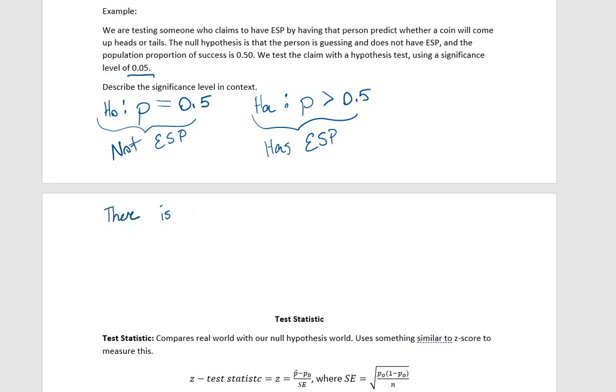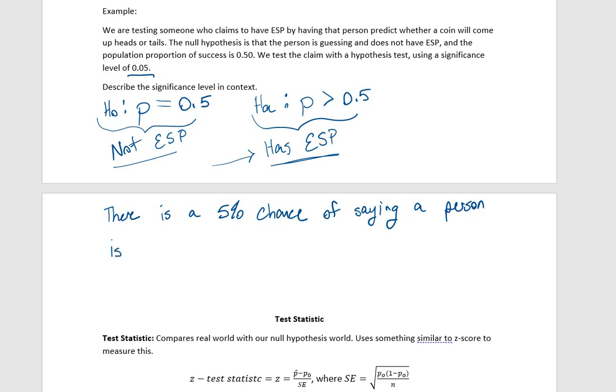There is a 5% chance of saying a person... Now remember, if we mistakenly reject the null hypothesis, that means that we're saying something about the alternative hypothesis. So if you reject this one, then you're accepting this one. So we're saying a person is psychic.